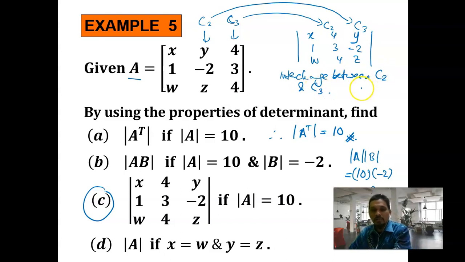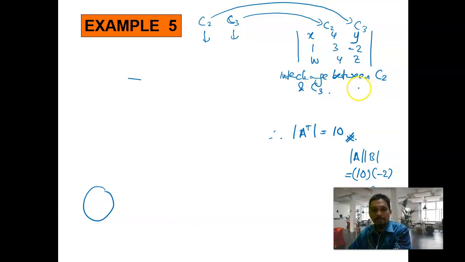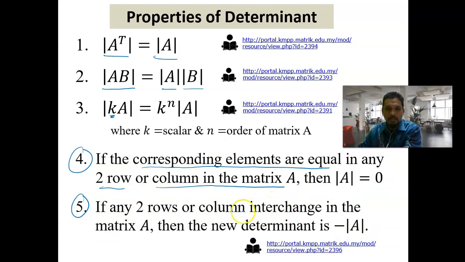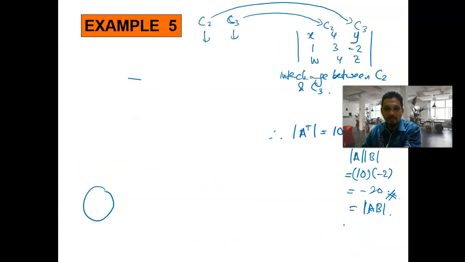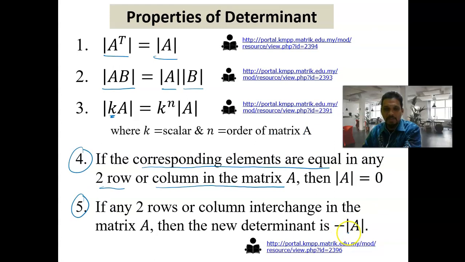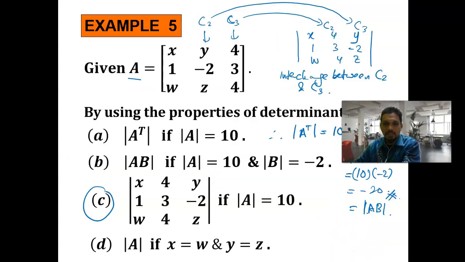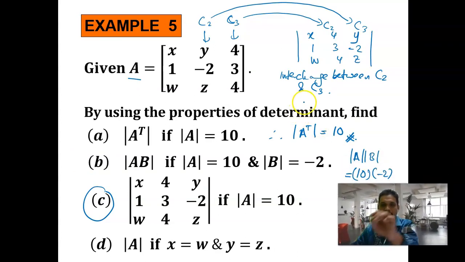So let's take a look at what the rule says about this. If any two rows or columns are interchanged in matrix A, then the new determinant is negative the determinant of A. So then, what is our conclusion for this one?